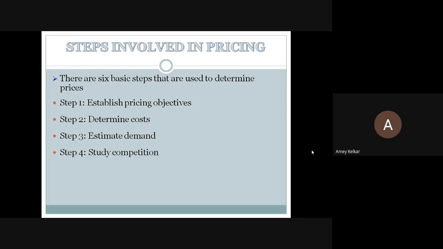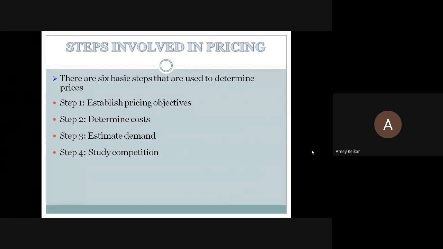Then fourth is studying competition. This competition study becomes a very, very important aspect, especially when you go into a bigger organization and you are applying for a tender. How much should the cost be? How is your competition? Who are the other people bidding for the same project? What are their strategies, their previous strategies in the different projects they have executed?